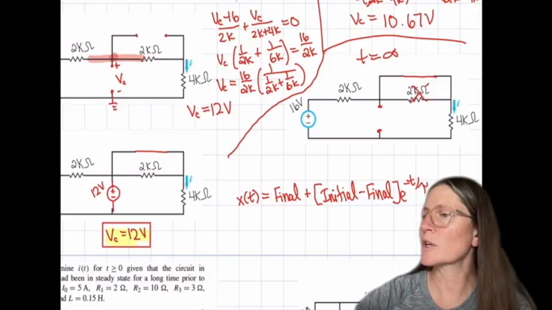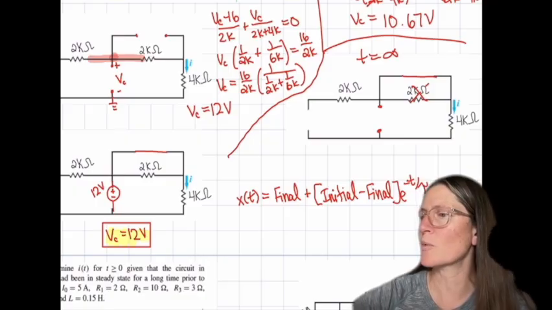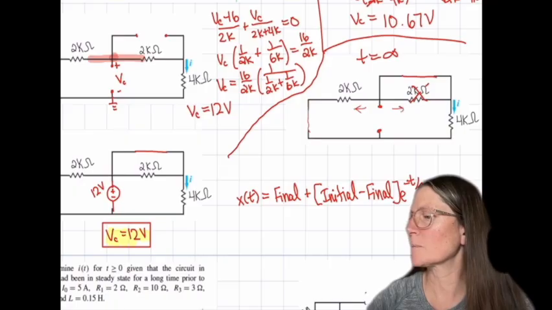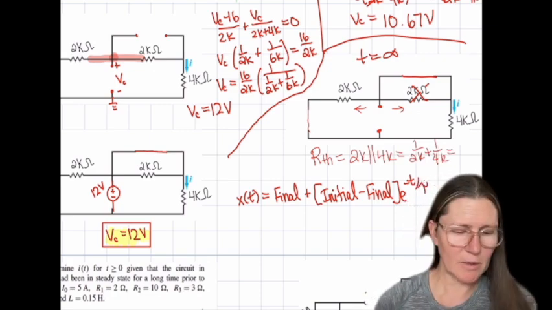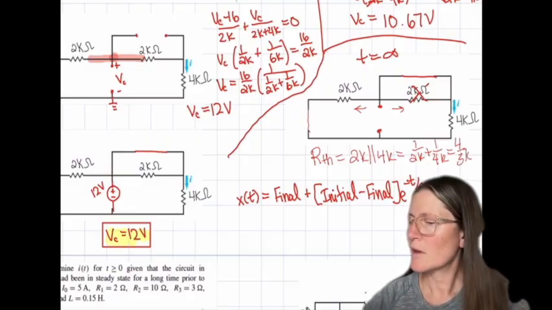And then we are going to remove the voltage source, which means this becomes also a wire. And so our pathway is split, so we have an RTH is 2K in parallel with 4K, which ends up giving me a 4/3 K.